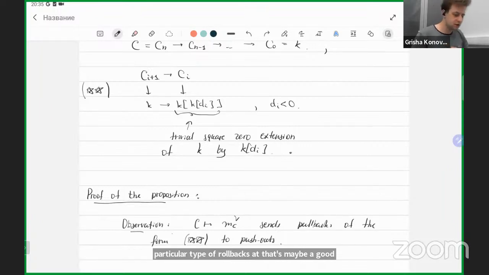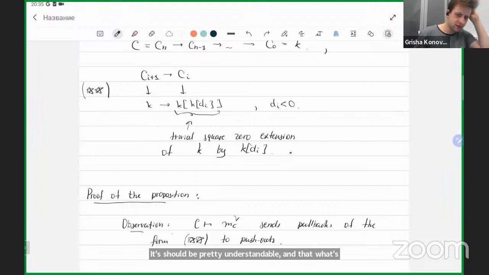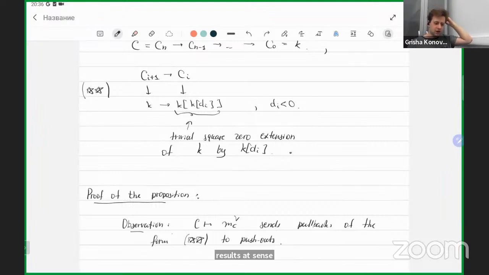It should be pretty understandable. And then what we are doing is we are dualizing the result. And dualizing usually sends limits to limits, but now we are working with dualizable objects in the category of differential graded vector spaces, because the algebras we are working with are finite dimensional. The underlying complexes are k-dualizable.